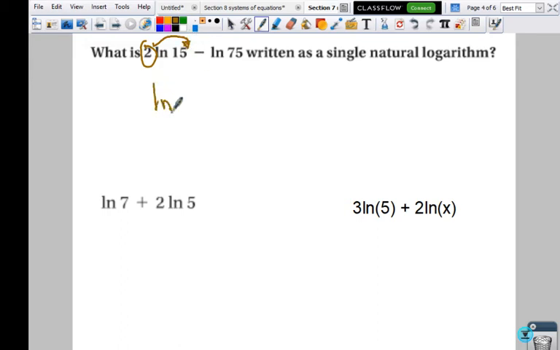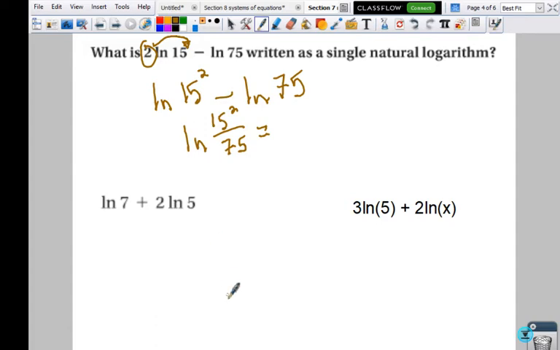So I'm going to have natural log of 15 squared minus natural log of 75. And I'm just going to compress it down to a single natural log. So I have a minus here in the middle. When I compress these down, that minus will change into a divide between the numbers. So I'll have natural log of 15 squared divided by 75.